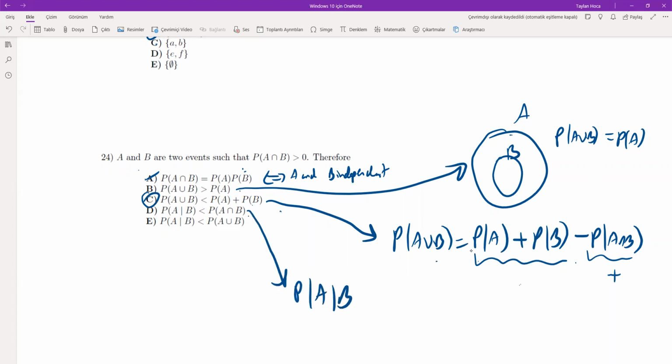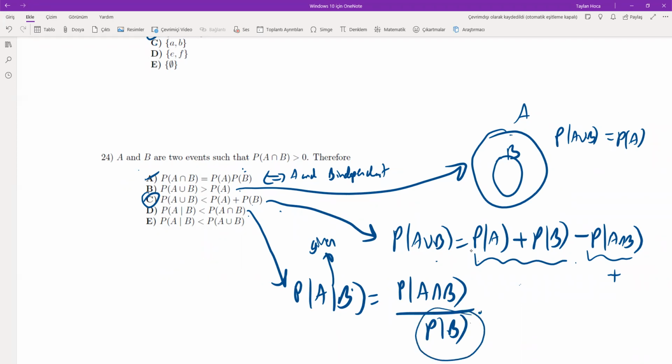This sign, the vertical line, means given. P of A given B, we talked about it. Like, what's the probability of having a 5 given that it's odd? But know this formula: P of A and B over P of B. Look, P of B can be less than 1.